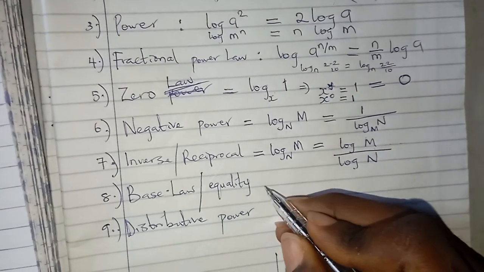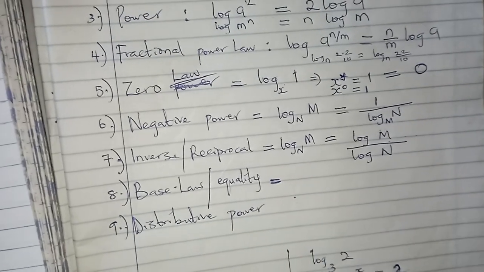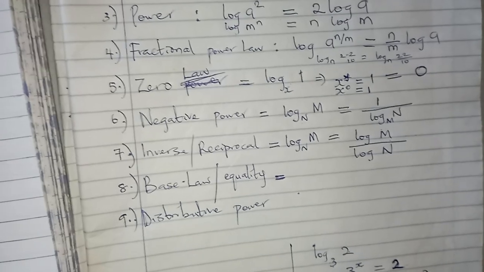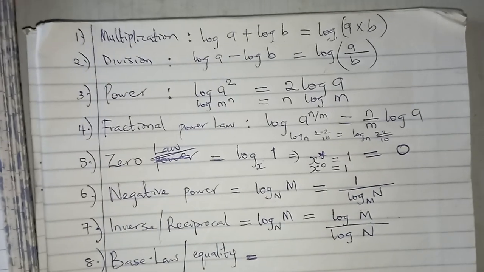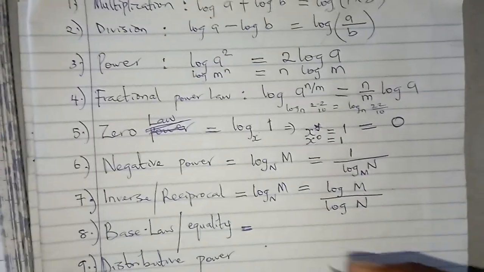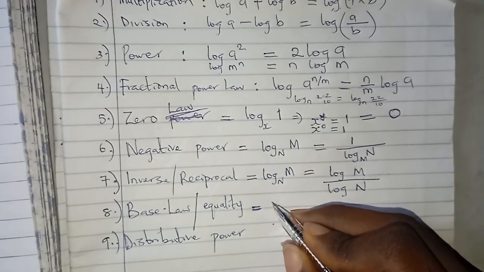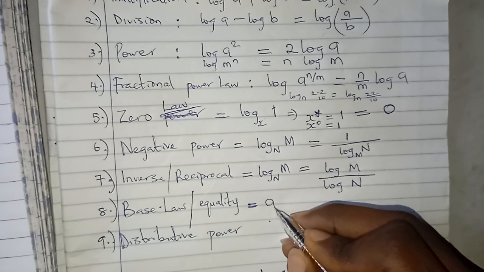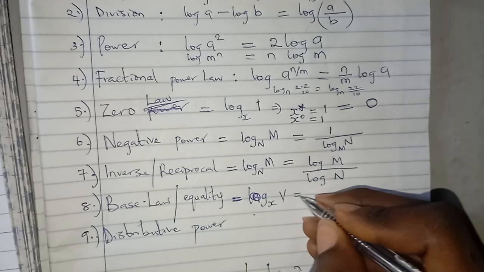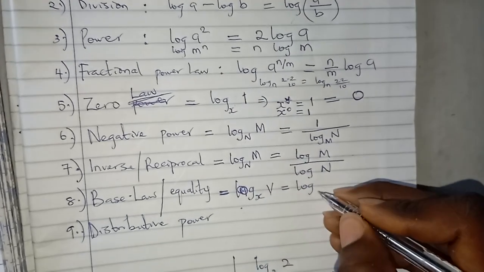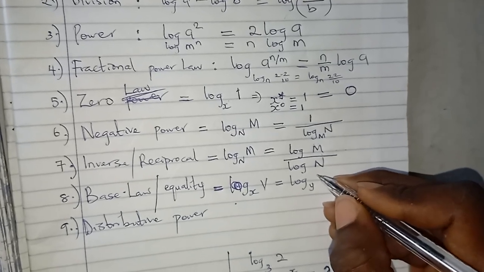So now for the equality law, this particular law gives an account for when I have, for example, let's use this example. Let's say I have log of x raised to power v equals log of y raised to power m.